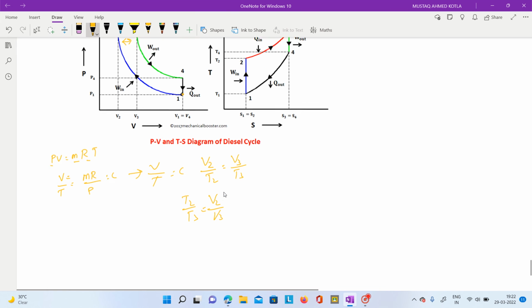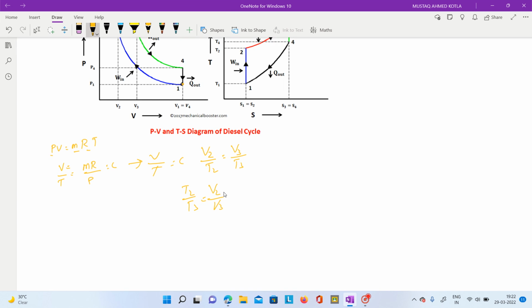There is something new coming in the diesel cycle. Now we are discussing the diesel cycle. Here T3 by T2 equals V3 by V2. V3 by V2 equals the cutoff ratio, which is denoted by the letter rho.